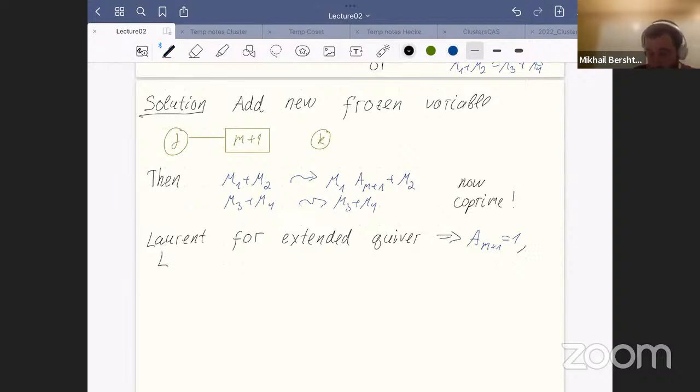And if you have a Laurent polynomial and set some variable equal to 1, we again get a Laurent polynomial. So as a consequence, we get Laurent for the original quiver. So we are done.